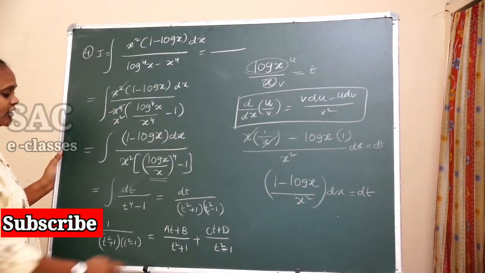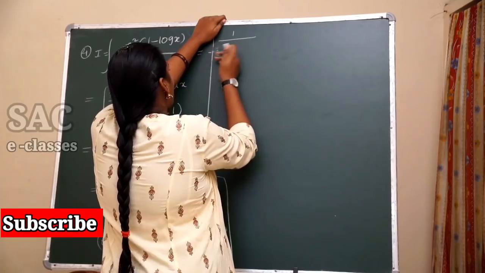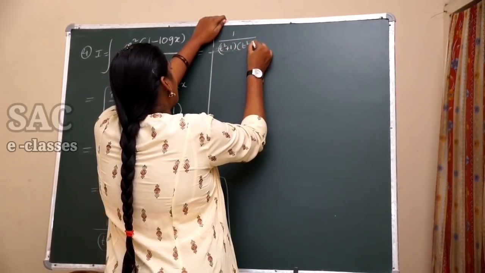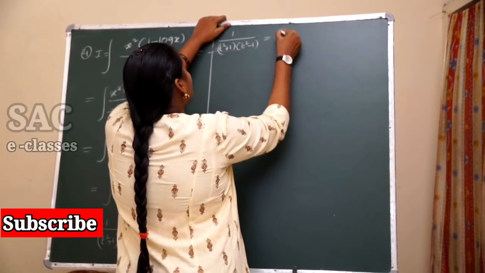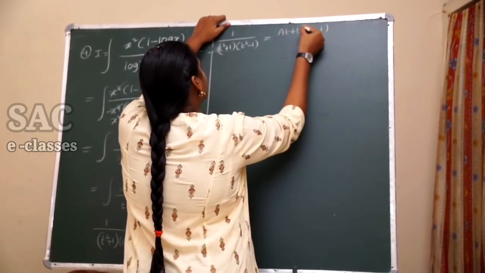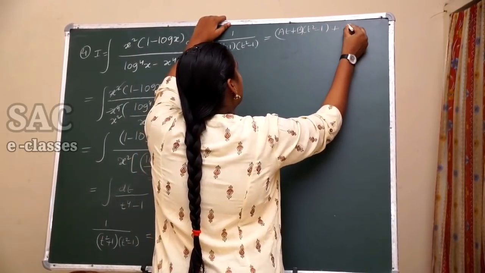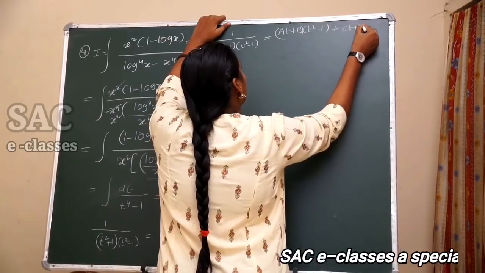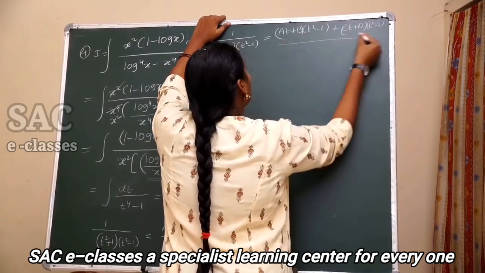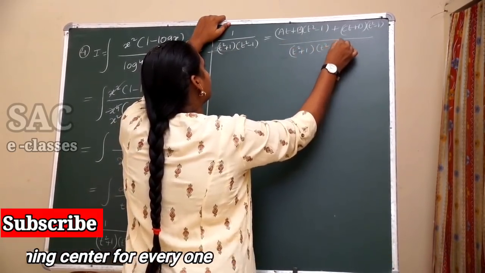Let us find out the a, b, c, d values in the partial fraction. 1 by t square plus 1 into t square minus 1 equal to at plus b into t square minus 1 plus ct plus d into t square minus 1 whole by t square plus 1 into t square minus 1.